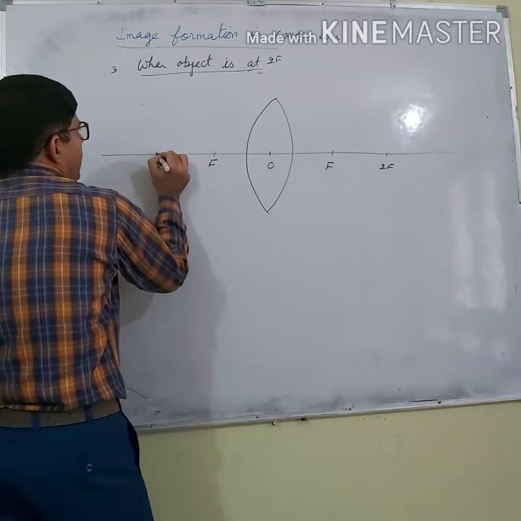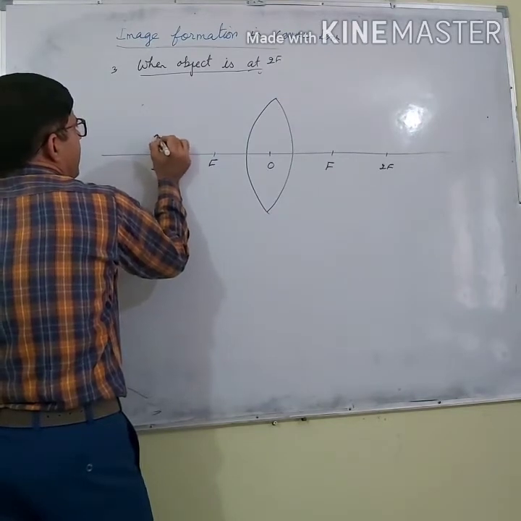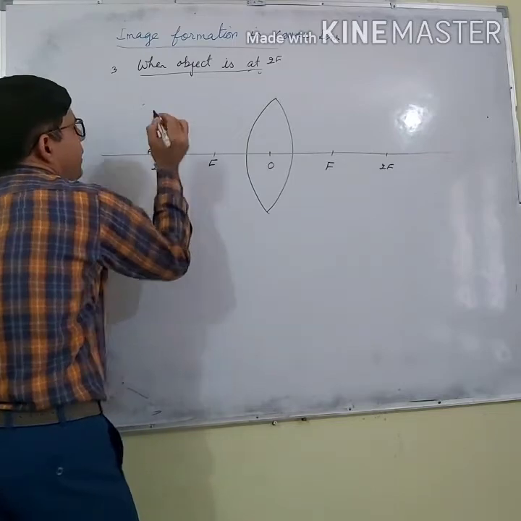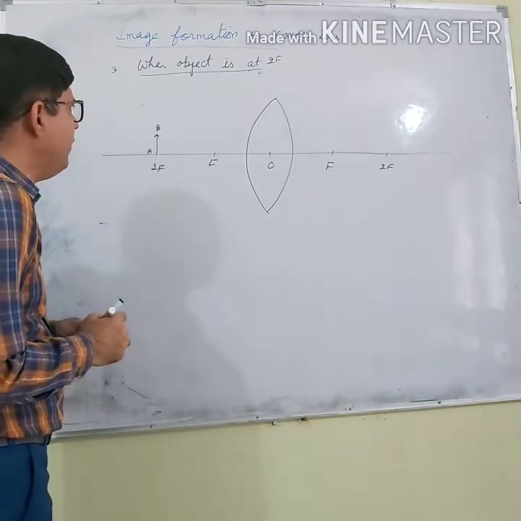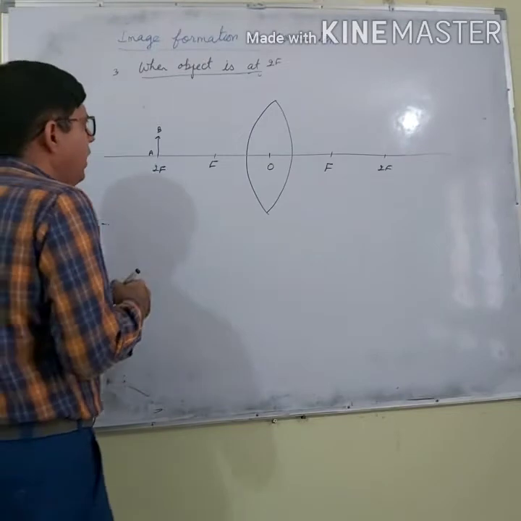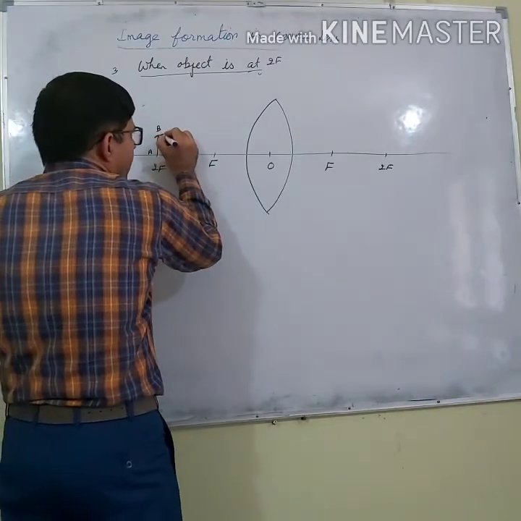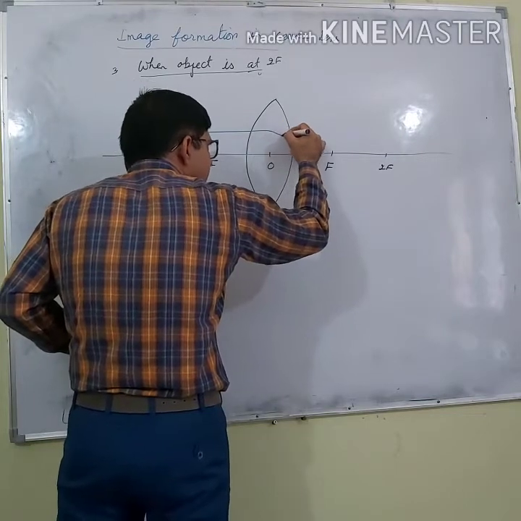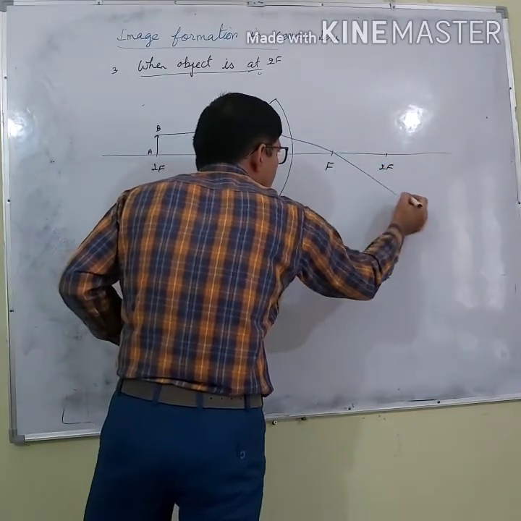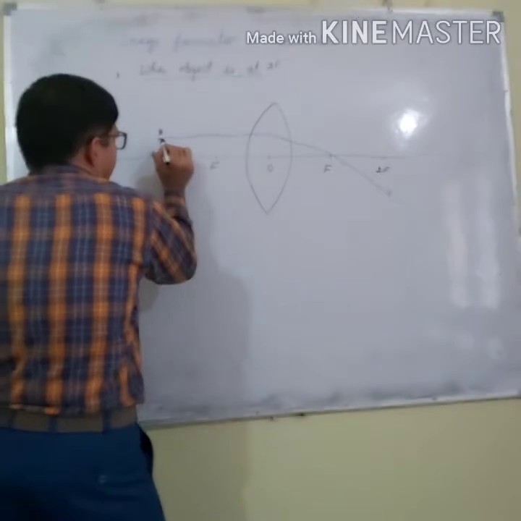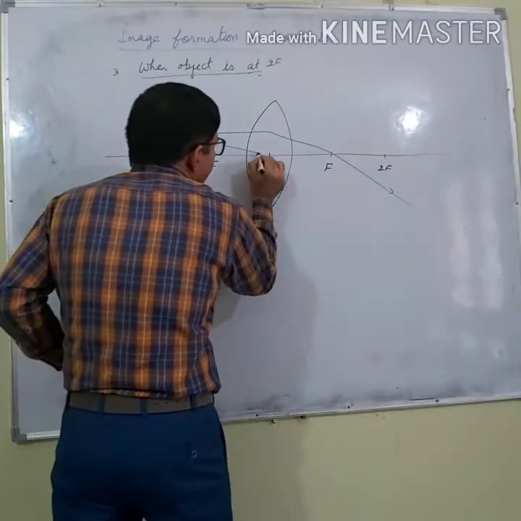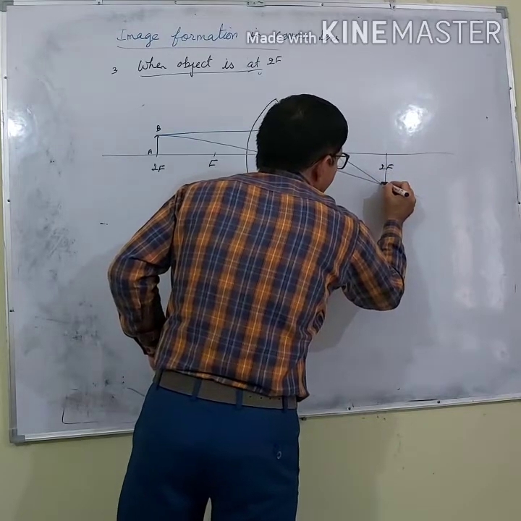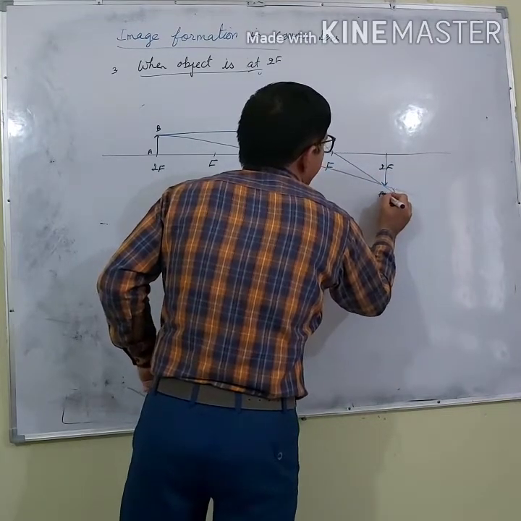So when object is at 2F, let us say this is the object AB. How image will be formed? First of all, a ray of light from B is parallel to principal axis, and after that it passes through the focus. And the second ray passes through optical center.